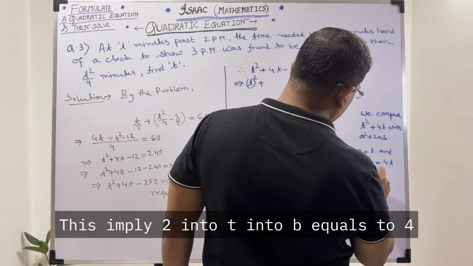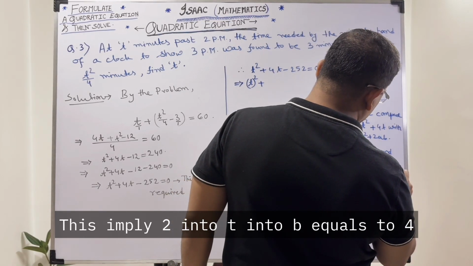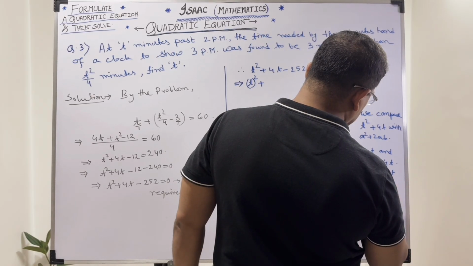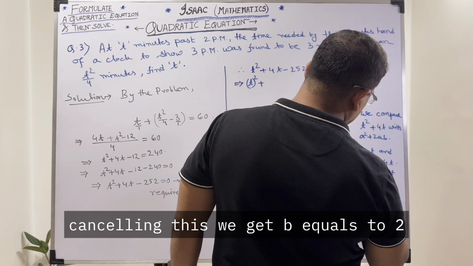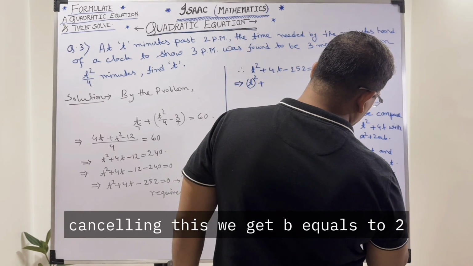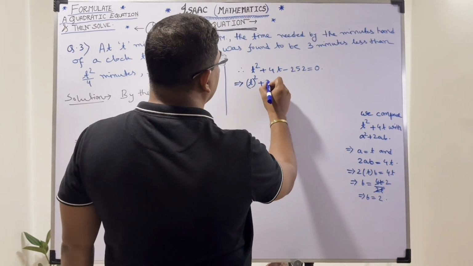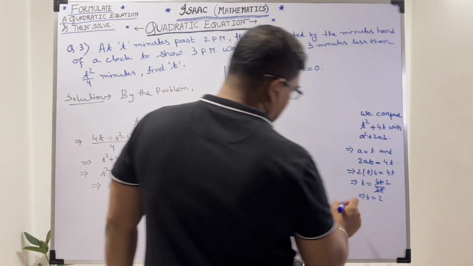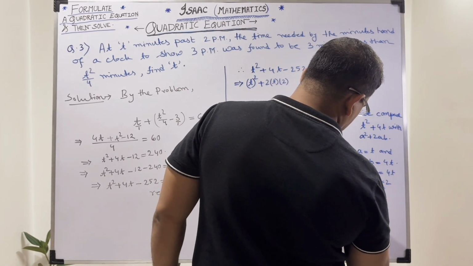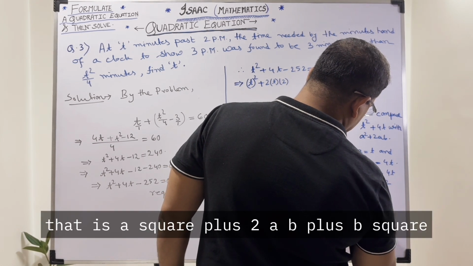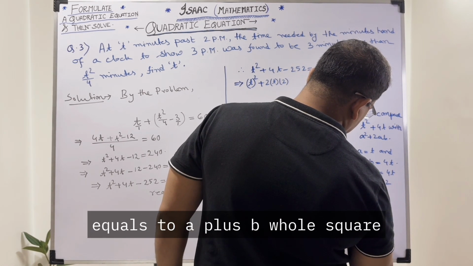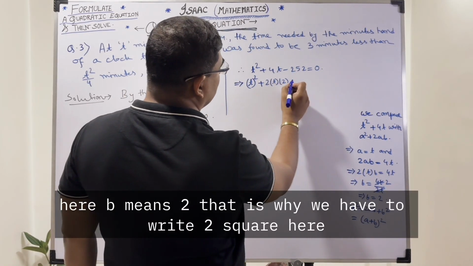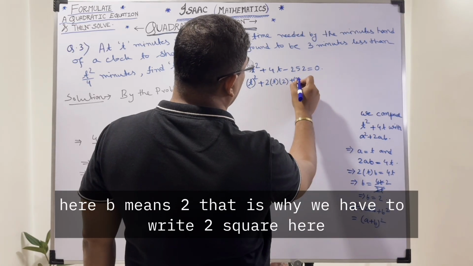This implies 2 into t into b equals to 40. This implies b equals to 40 by 2t. Cancelling this, we get b equals to 2. Okay. So, t square plus 2 into t into 2, and to form this identity, that is a square plus 2ab plus b square equals to a plus b whole square, we need a b square here. Here b means 2, that is why we have to write 2 square here.